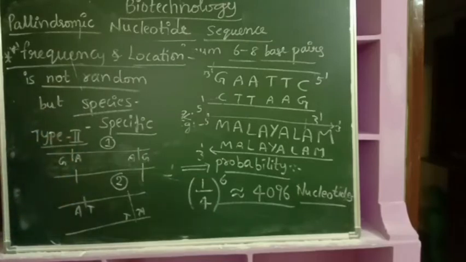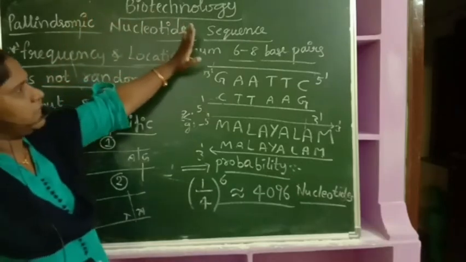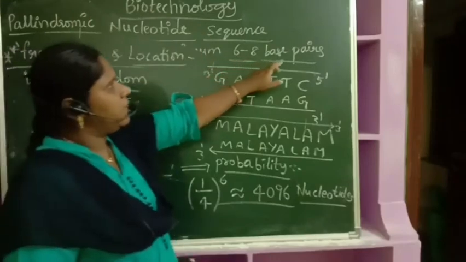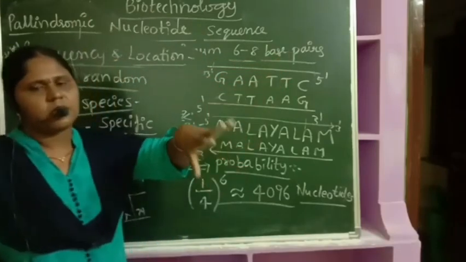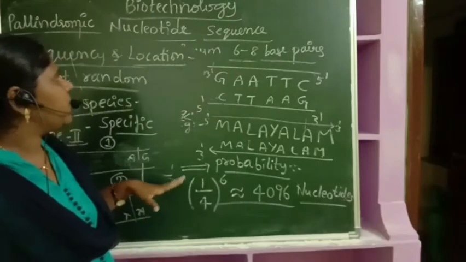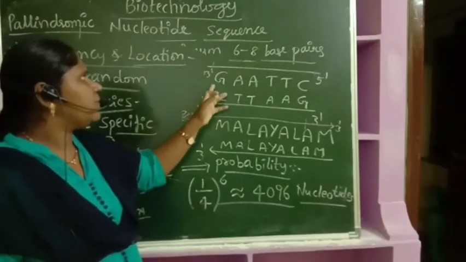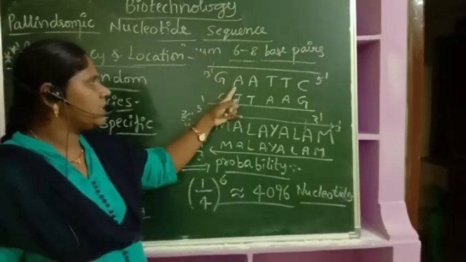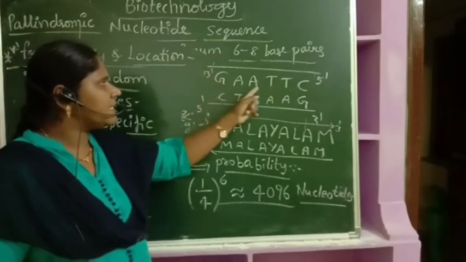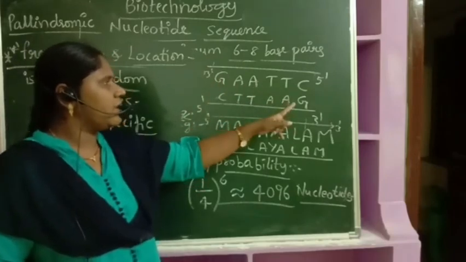Here it is very important to understand the palindromic nucleotide sequence. What is a palindromic nucleotide sequence? A nucleotide sequence which contains a minimum of 6 to 8 base pairs, a specific recognition site. Minimum 6 base pairs. For example, EcoRI cuts at GAATTC.